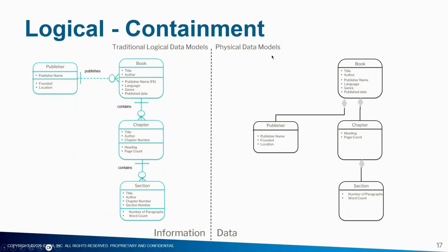Physical, starting to look a bit different because we're dealing with containment relationships. We'll also see these being used with things like Google BigQuery, where it supports arrays of objects. The latest versions of SQL Server do as well. Snowflake also. So we'll see this concept of a containment relationship where we're saying a chapter contains sections and the chapters themselves are contained by the book.